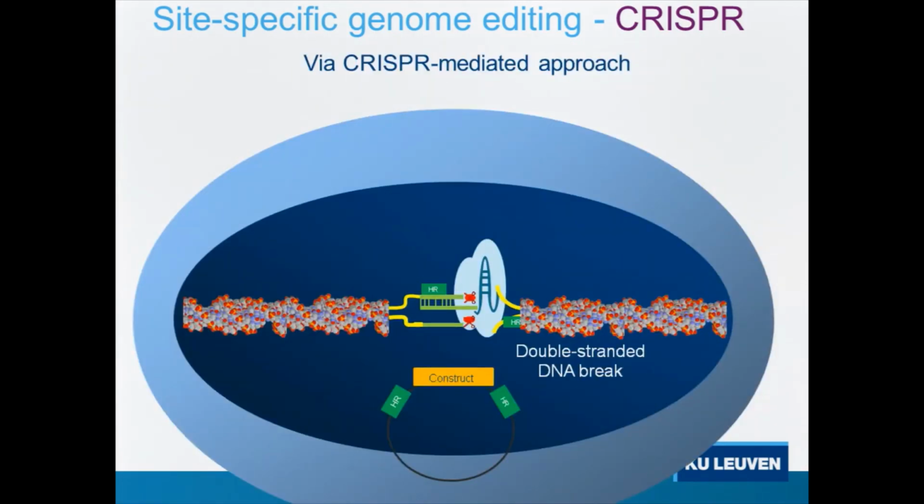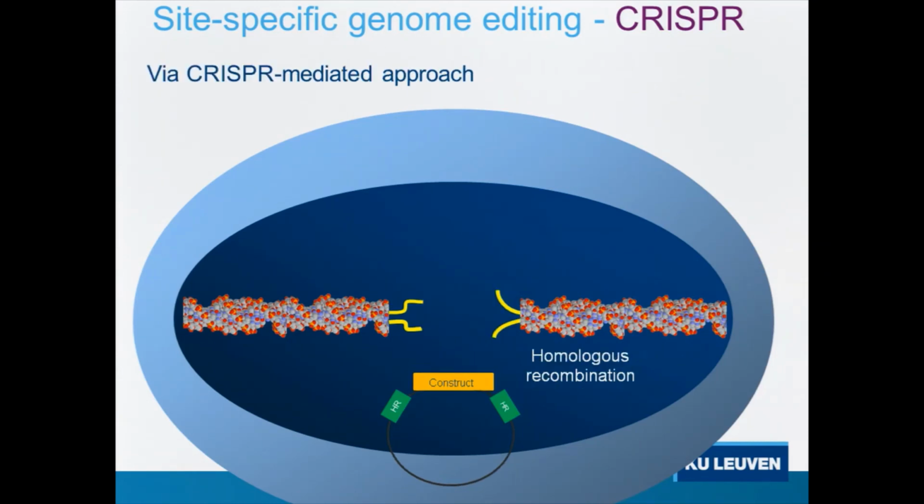The RNA in your Cas9 enzyme will bind to the DNA site that you've chosen to target, and then the nuclease activity will introduce a double-strand break, and then again by homologous recombination you will get introduction of your construct into the DNA.